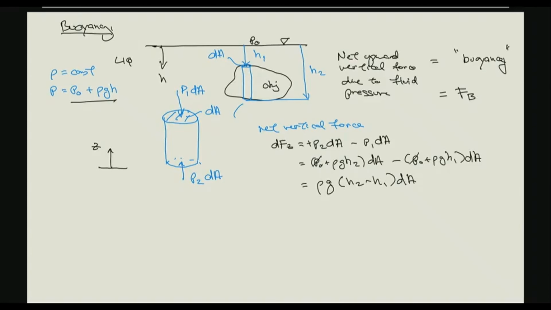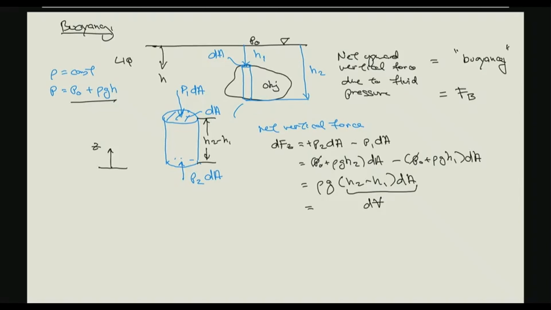But that's the differential. Now we want to integrate over the entire object. First of all, let's write this as H2 minus H1 times dA. This distance here is H2 minus H1, or the height of our cylindrical element, times differential area.